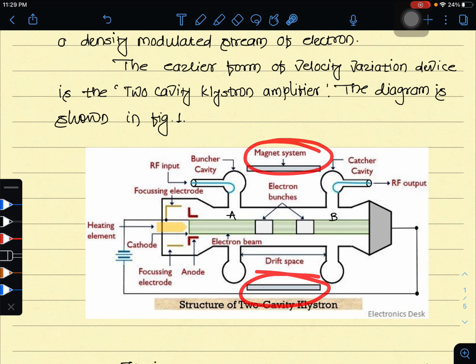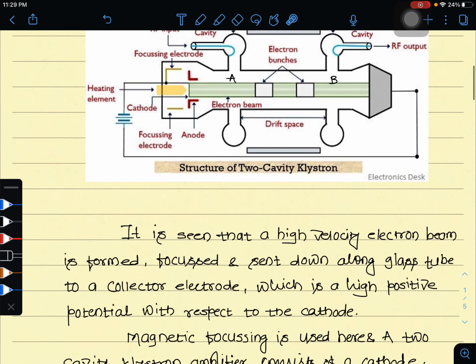The circle shows the magnetic focusing system.